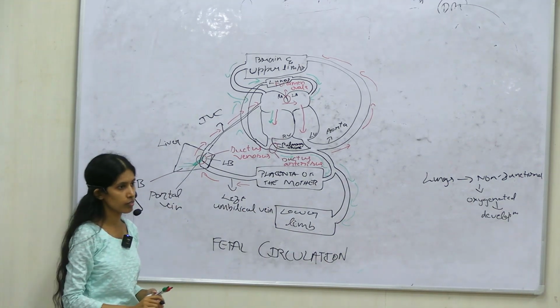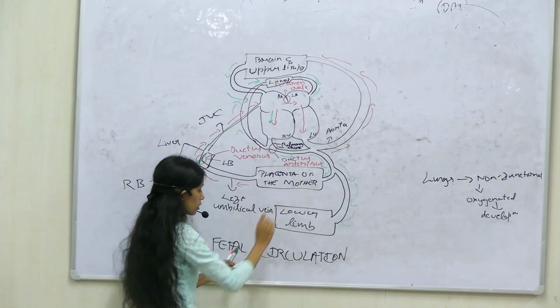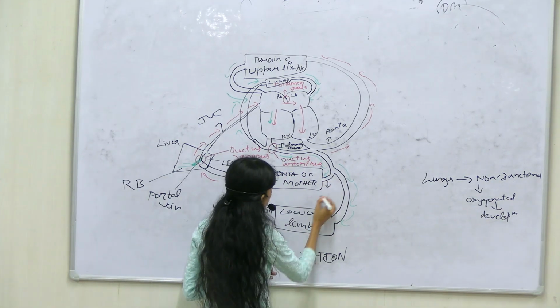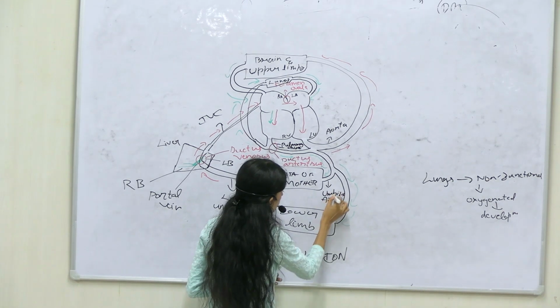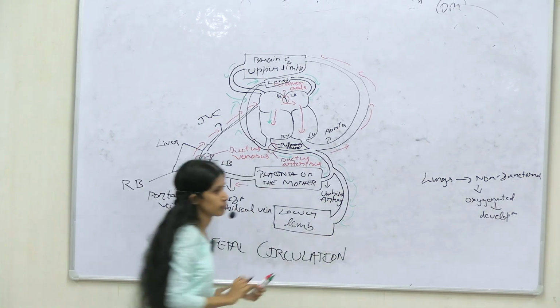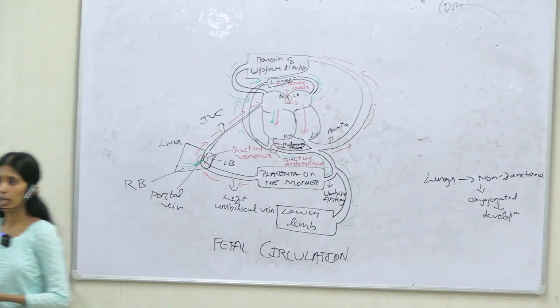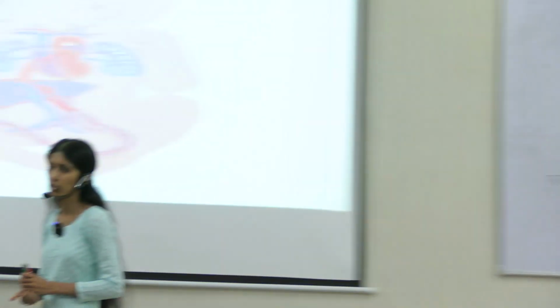Is it clear for everyone? And this placenta of the mother will be supplied by the umbilical artery. This is all about the fetal circulation.